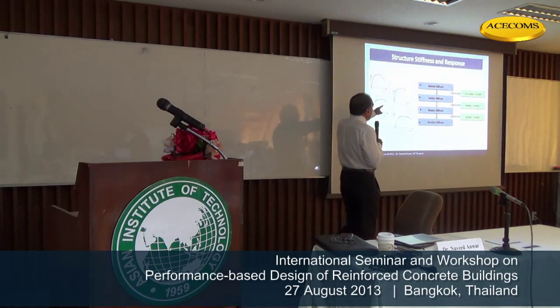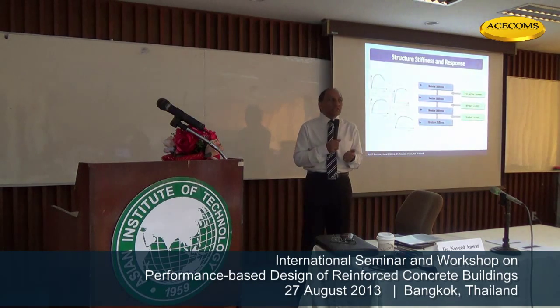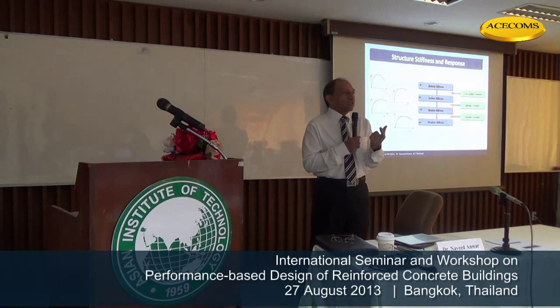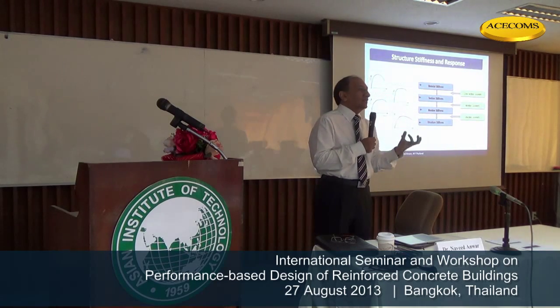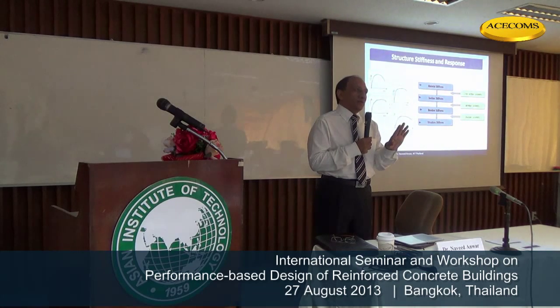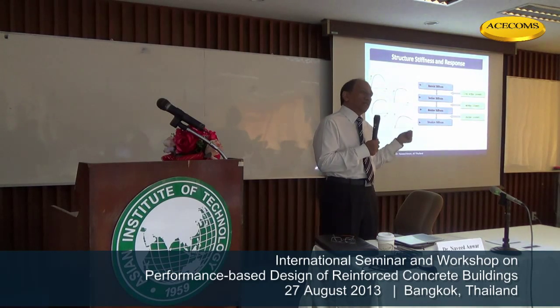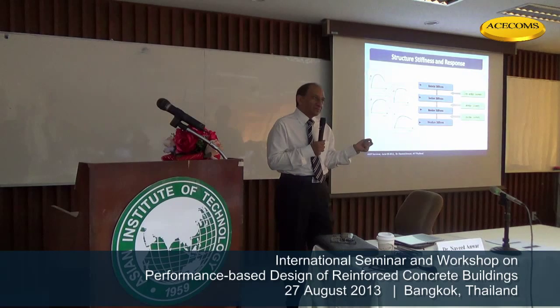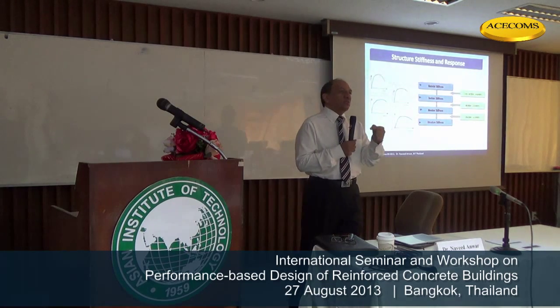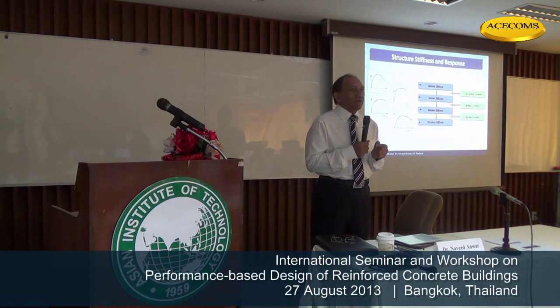Second is section stiffness. Section stiffness is a multiplication of two parameters, cross-section geometry and the material. If it is just geometry, it is geometry. But when you add material, it becomes a cross-section. And because the material is nonlinear, and also the cross-section properties are changing due to cracking, it becomes doubly nonlinear.